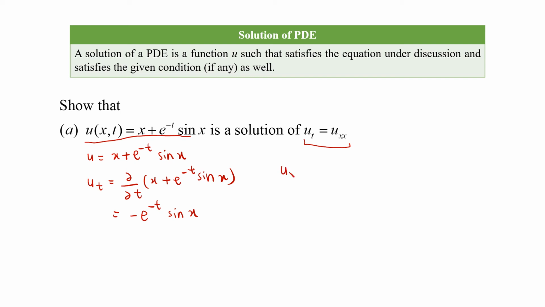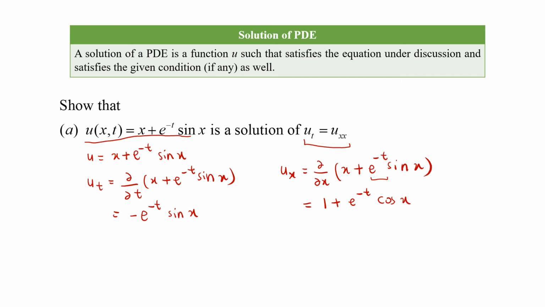Then we find the derivative ux, which is del over del x of x plus e to the power of negative t sine x. Now we can differentiate, where we get 1 plus, and this exponential is in terms of t, so we consider it a constant. So e to the power of negative t, and differentiating sine gives cos x.